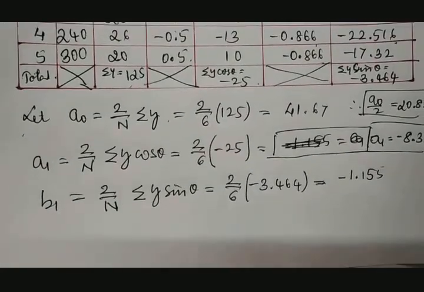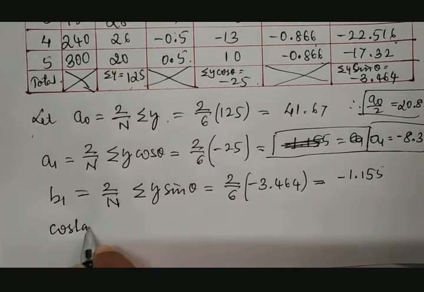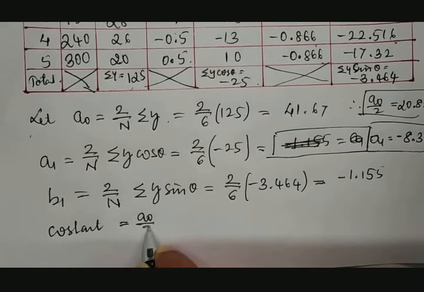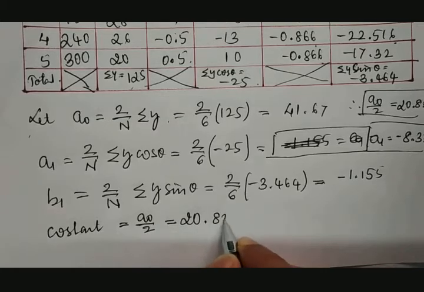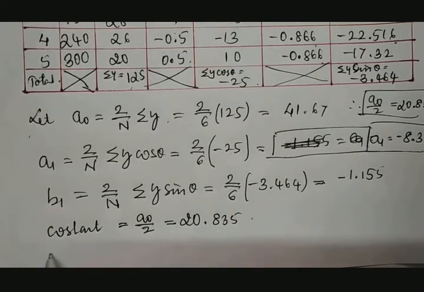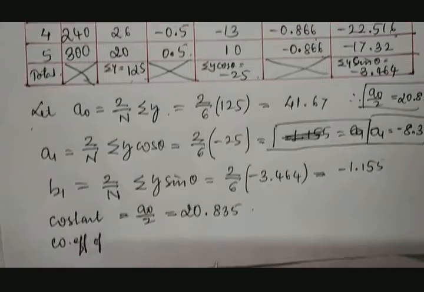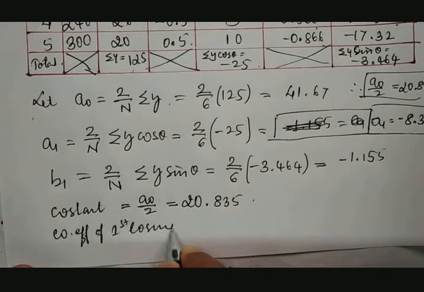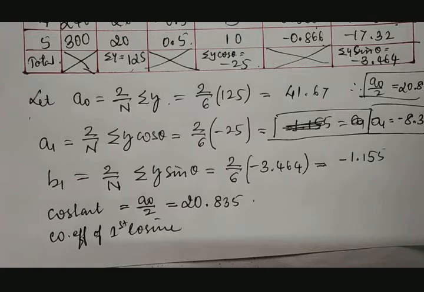Therefore, what is the question? Find the constant. Here the constant will be treated as a naught by 2. Even you can take a naught also, no problem. So 20.835. Then the coefficient of first cosine.